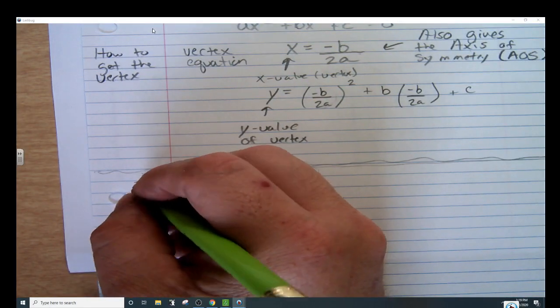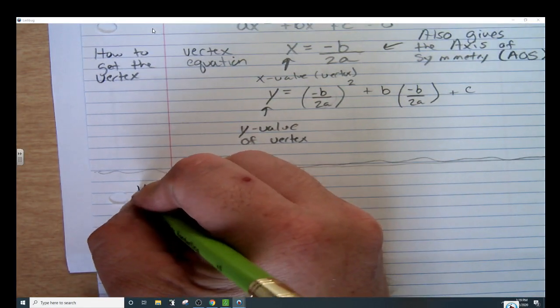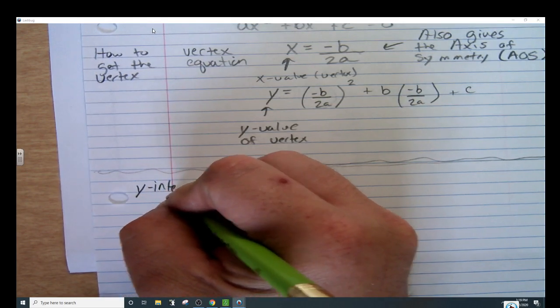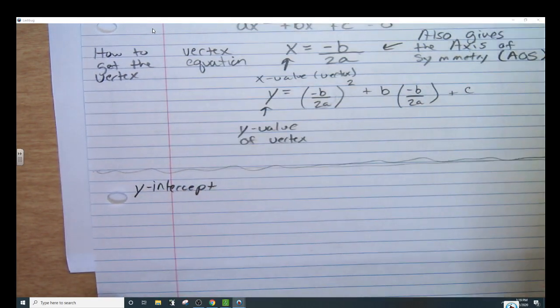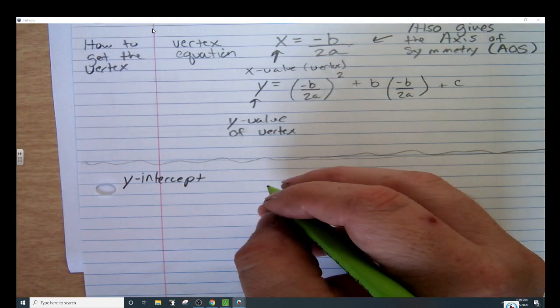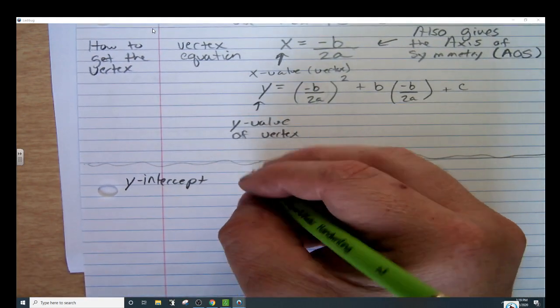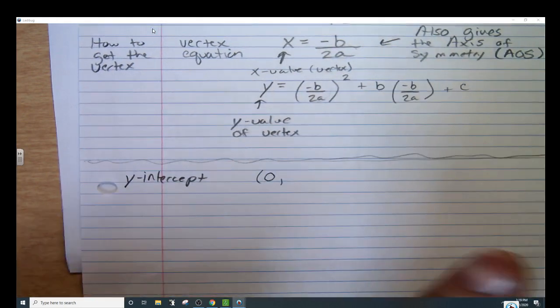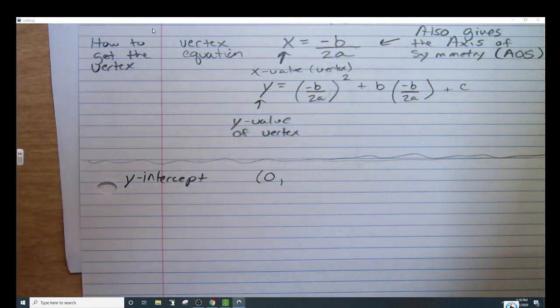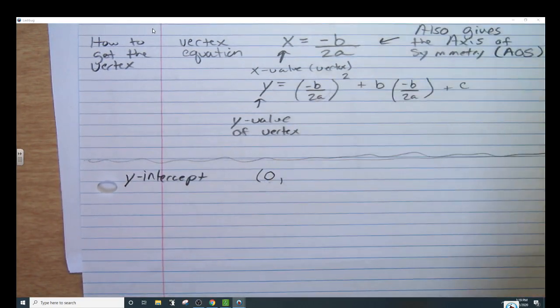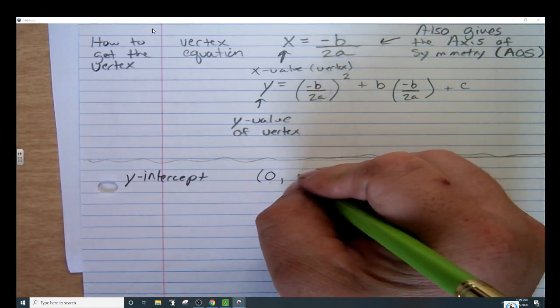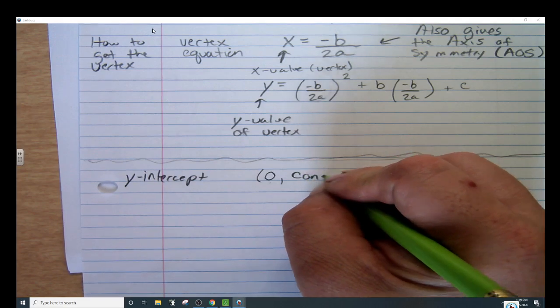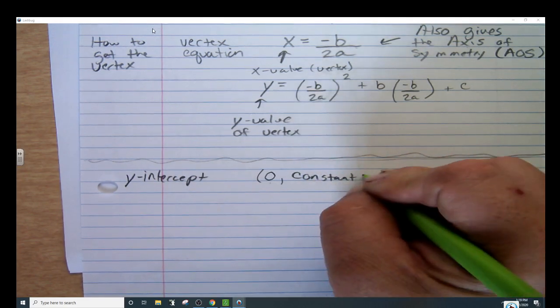Let's talk about the y-intercept. Now, guys, listen to this. The x value of the y-intercept is always 0, and your constant term.